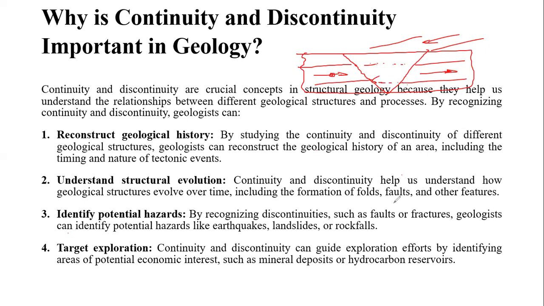faults, and other features. I mean, you'd agree with me that when we've got directed pressure on the rocks, let's say it was like this, and then you compress this, then this will start to show some faults.